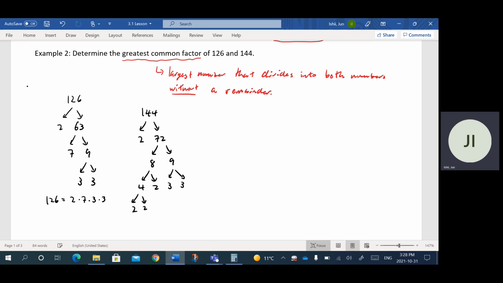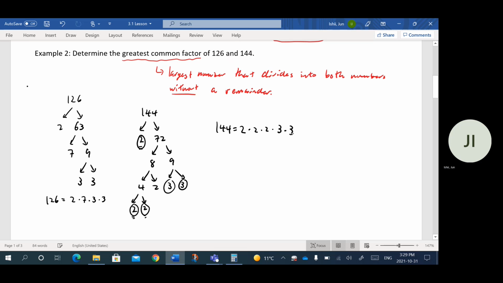All right, so what that means is that 144 is equal to 2 times 2 times 2 times 2 times 3 times 3.